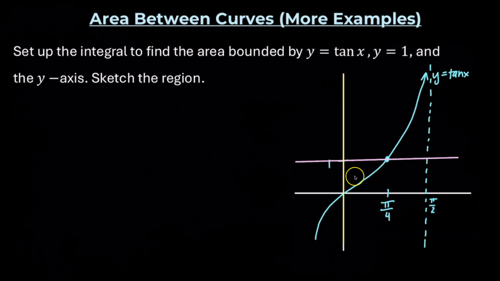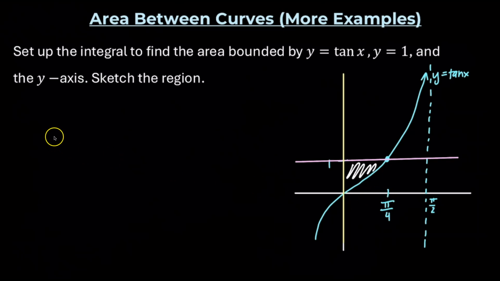All right, so the region that we're trying to find the area of is this region here, bounded by these three equations. And so we can set up the integral with respect to x. There is a clear top and a bottom function. And because we already identified that tangent of pi over 4 is 1, we do have x limits of integration.